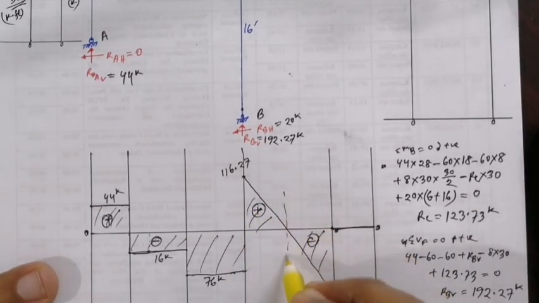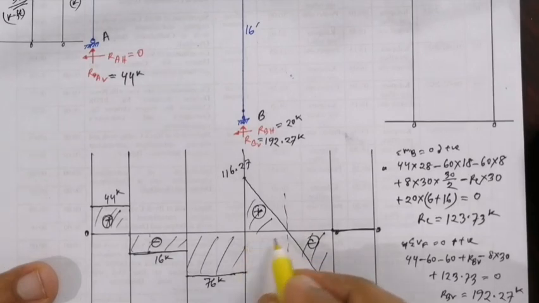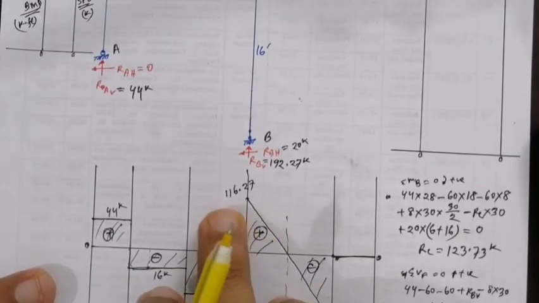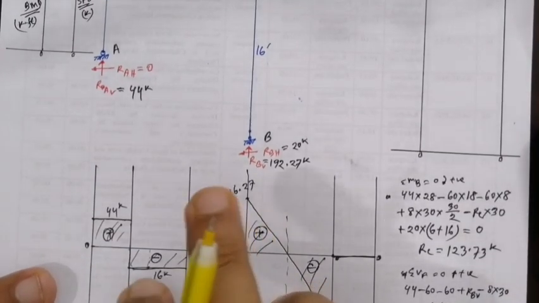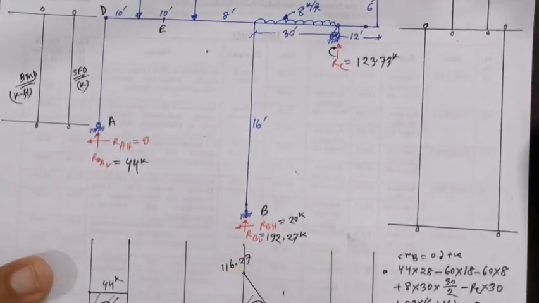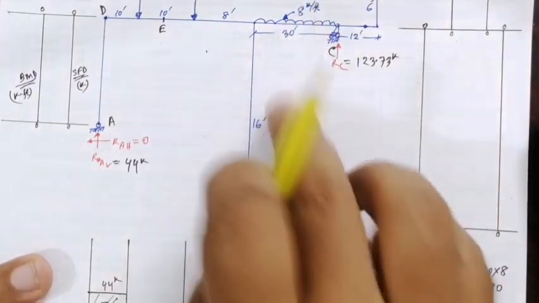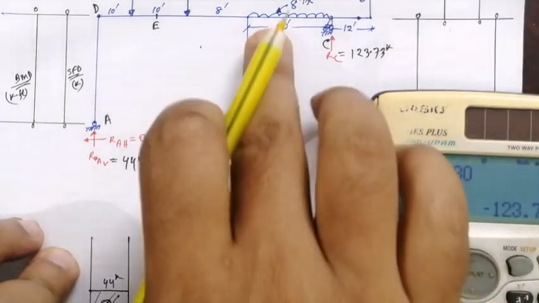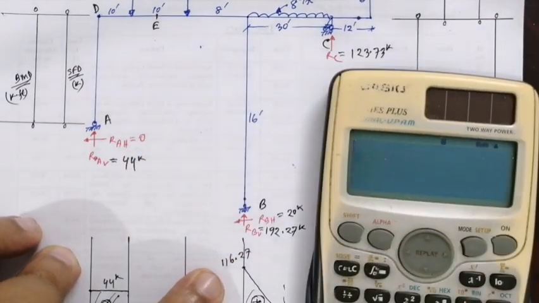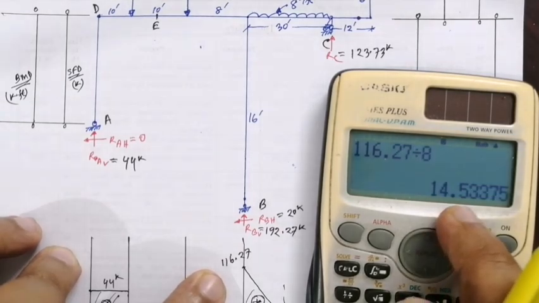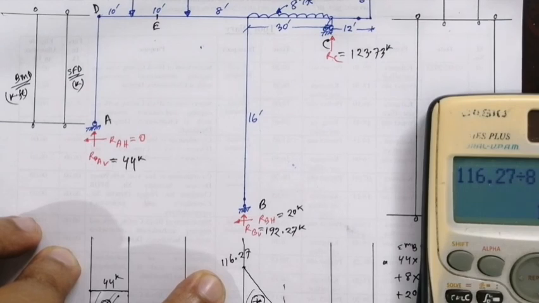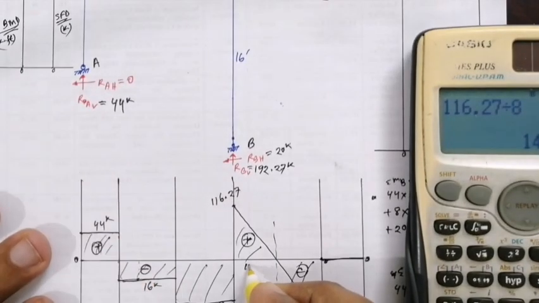So we calculate this distance by which 116.27 decreases to 0 at 8 per foot. So 116.27 divided by 8 is 14.53, so this distance is 14.53 feet.